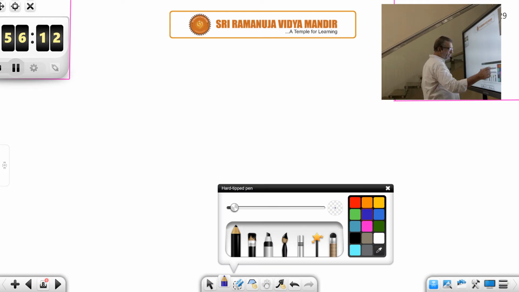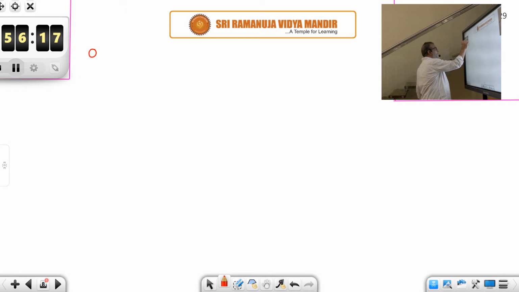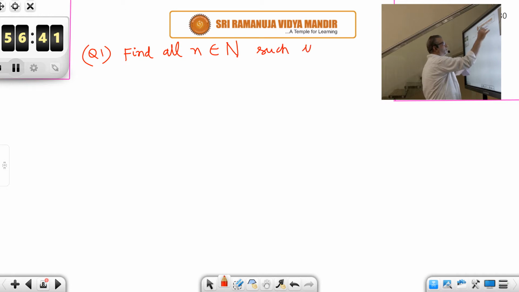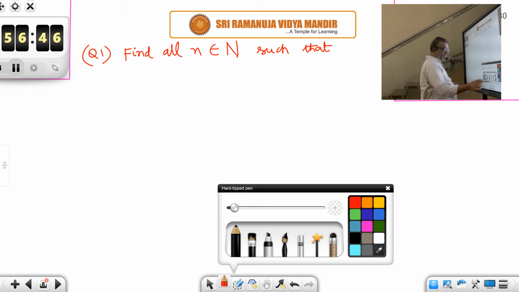Question number 1. Please refer to these questions with the numbers and send your answers. Question number 1. Find all n belonging to capital N. That means find all natural numbers n such that n square plus 45 is a perfect square.